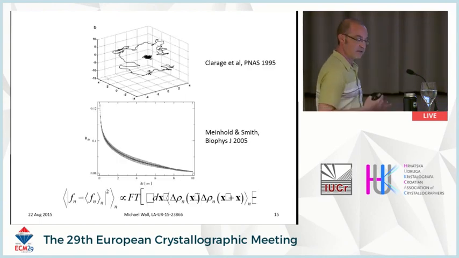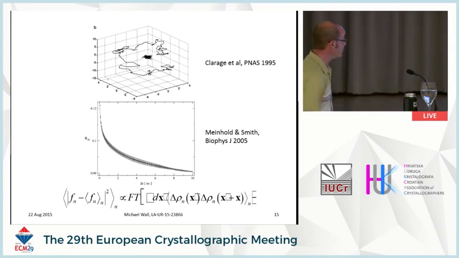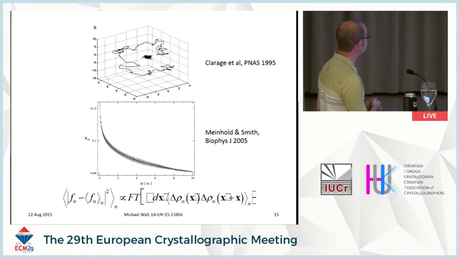In the 1990s, Jim Claridge did some studies using molecular dynamics simulations to simulate the motions of both myoglobin and lysozyme. He found something interesting. When he calculated the diffuse intensity from the predicted trajectories and tried different simulations, he got different answers, because of limited sampling.